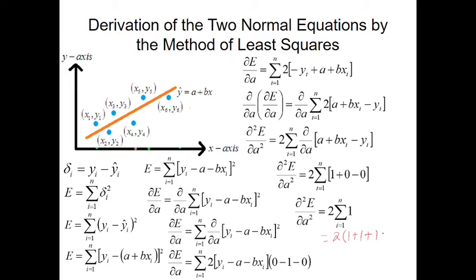Hanggang umabot n times ka mag-add ng 1. N times. No? Kung iyan ay 5, 5 times ka mag-add ng 1 to itself, 1 plus 1 plus 1. 5 times if n is 5.